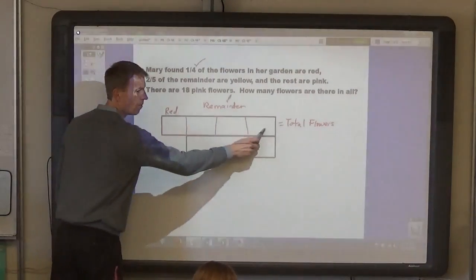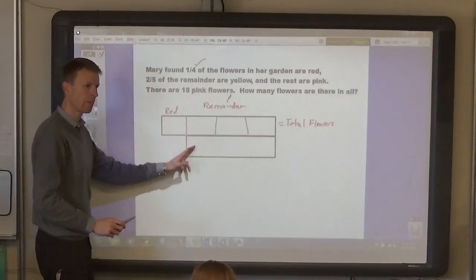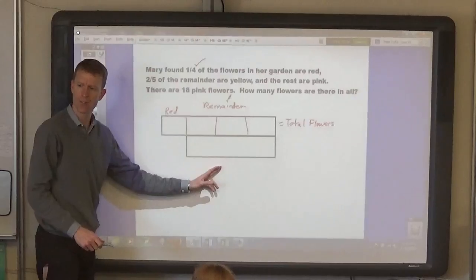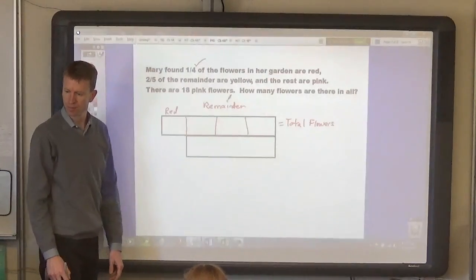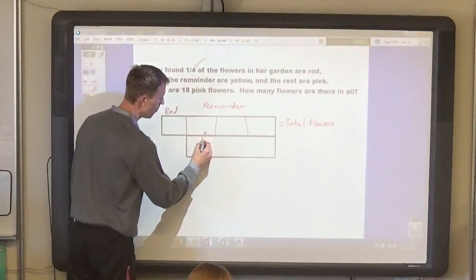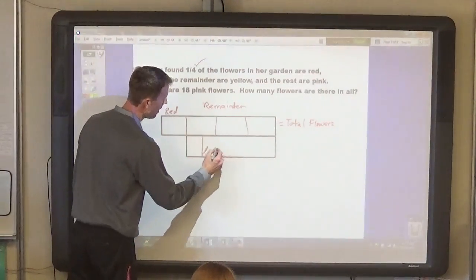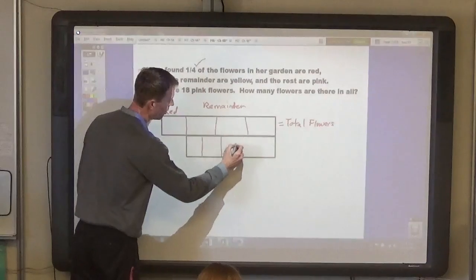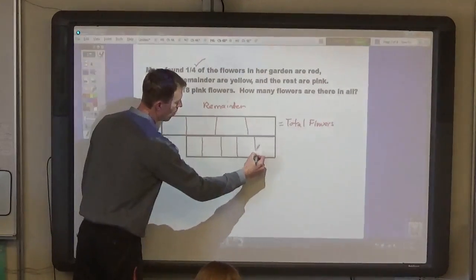Now this is in 4ths, but we could cut this into 5ths, right? So go ahead and draw that out. And this one cut into 5ths. So let's draw 4 lines. And again, it doesn't have to be exact. 1, 2, 3, 4.